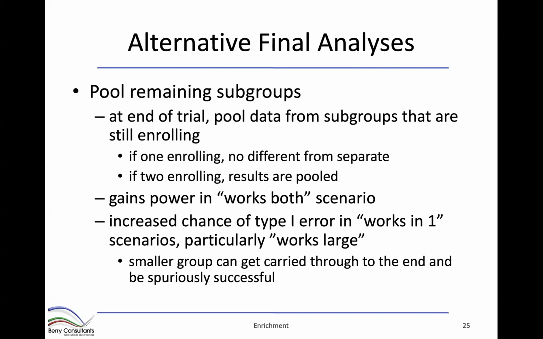Thinking about our example with just biomarker positive and negative, if you get to the end of the trial and only one subgroup is enrolling, then you just do the analysis on that one subgroup. So if only positives are left, we analyze positives. It's no different than doing a separate analysis. If only the negatives are left, we only analyze the negatives, no different from separate.